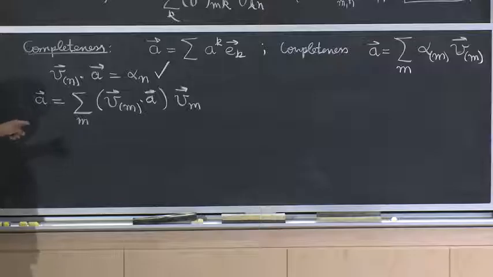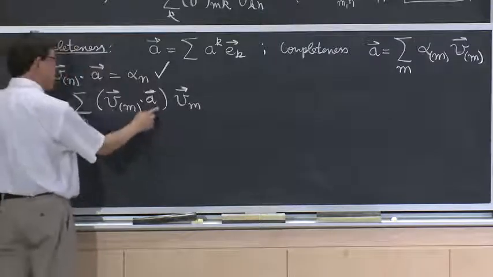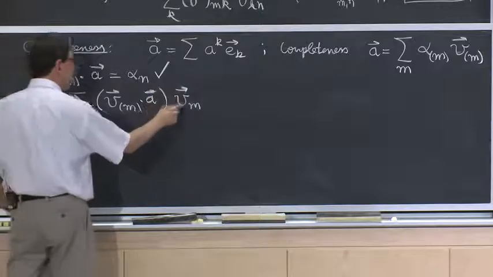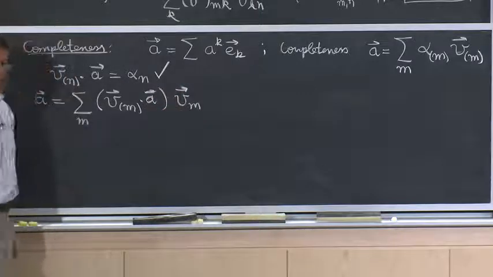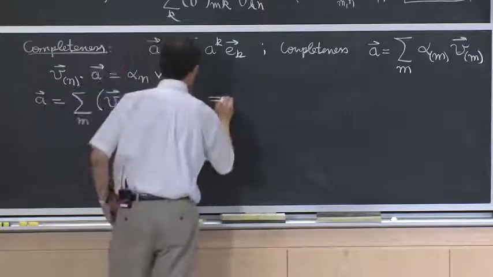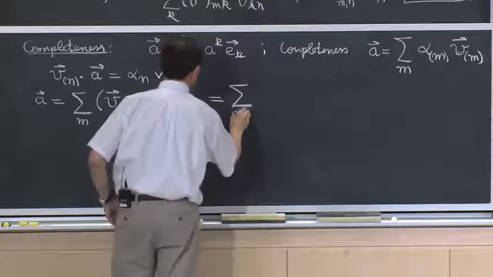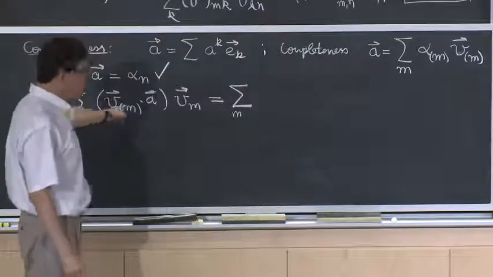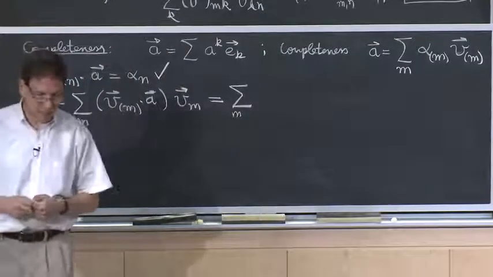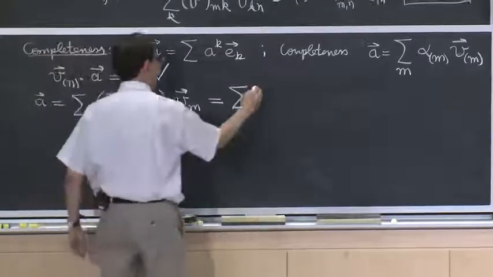And now we must start expanding this. So let's take the dot product and let's write these things in terms of the components that they have. So what is this? We'll have a sum over m, and we'll have more sums over here as well. I'll put sums over p and k.